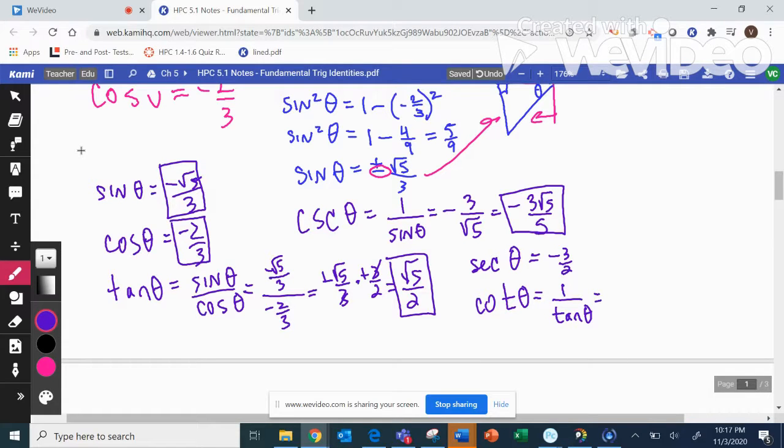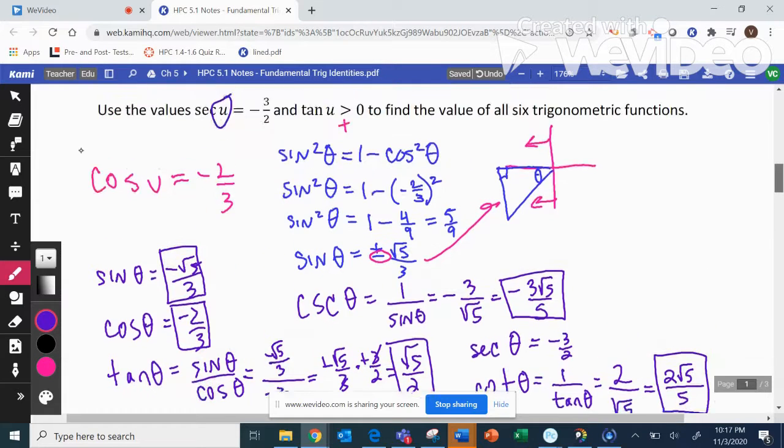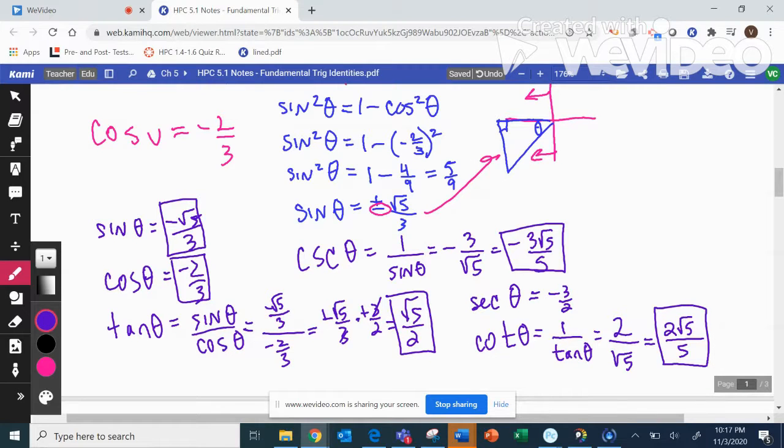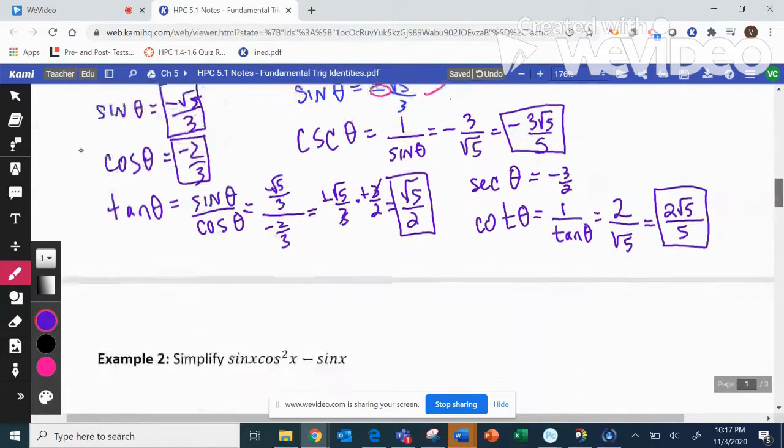So I'm just going to reciprocate tangent: 2 over square root 5, or 2 square root 5 over 5. So this is doing things you've already learned how to do in chapter 4, just using identities instead of labeling a triangle.